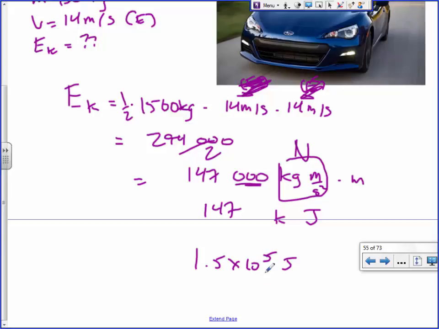If there was a prefix for the power of 5, like a giga or a kilo or a mega, I guess we could change that, but we don't actually have one for the power of 5. So that's probably the best we can do. Questions on that?